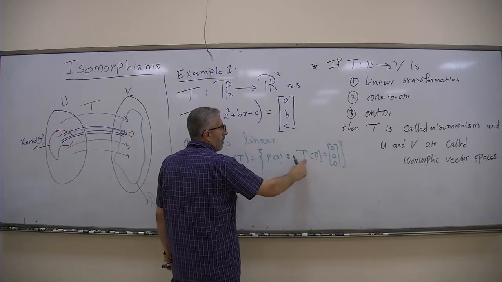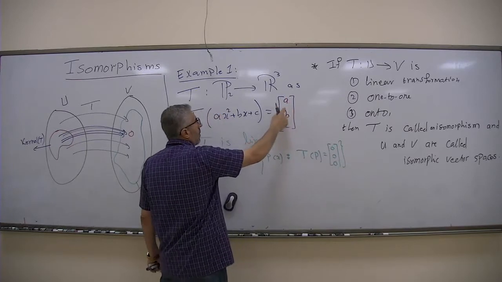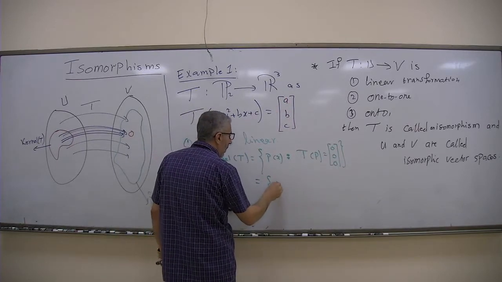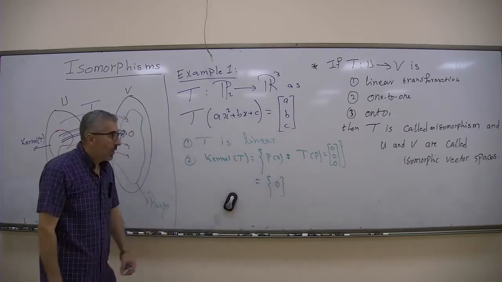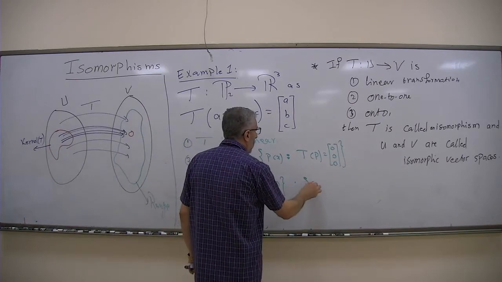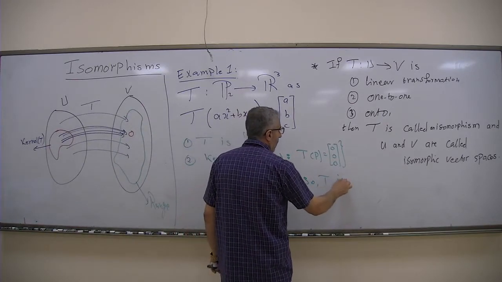Now, what is that? T of P is 0, 0, 0. It means A is 0, B is 0, C is 0. So what do you have here? So that means it is the zero polynomial. So yes, T is 1-to-1.